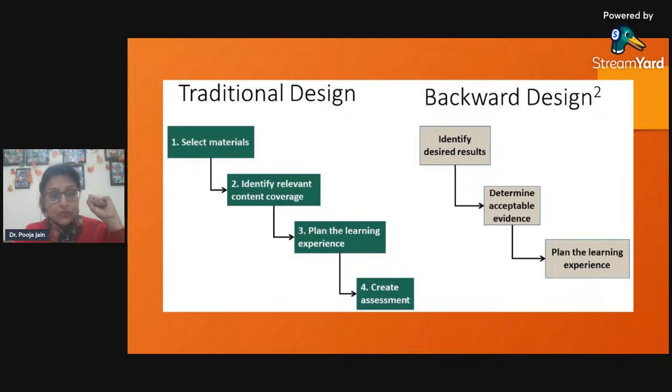learning experience. So there is a complete reverse in the backward design from the traditional design. Complete reverse, right? And like I said, very importantly, traditional design is more teacher-centric and teacher-led, whereas backward design is more student-centric and student-led. We talk about student progress, individualized and personalized attention. We talk about differentiated learning strategies and activities.